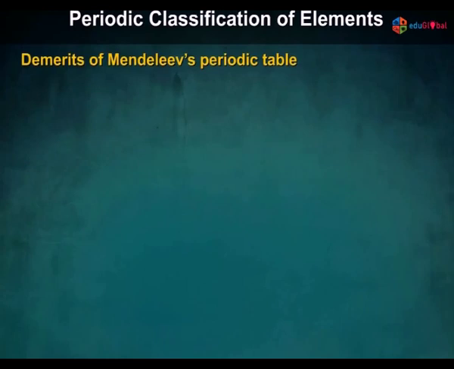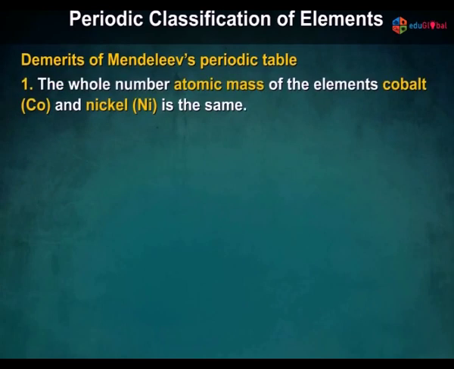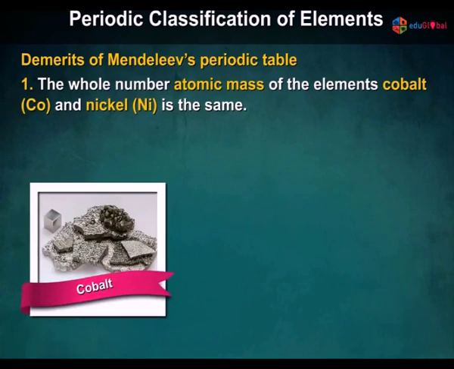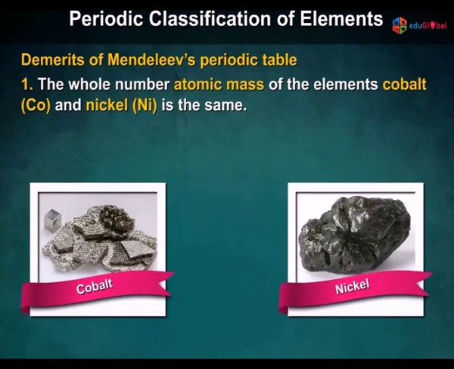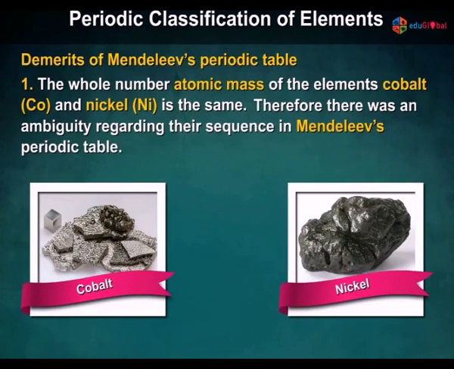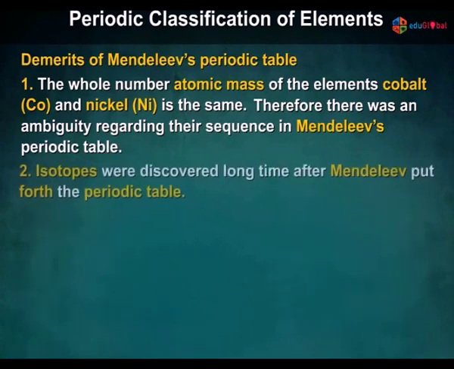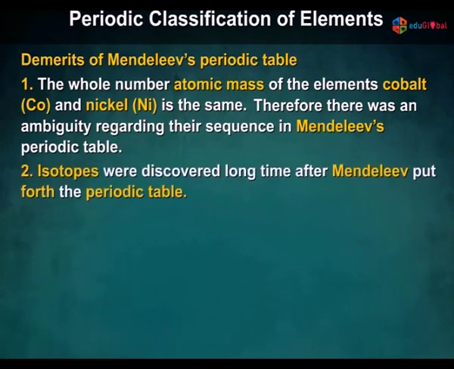Demerits of Mendeleev's periodic table. 1. The whole number atomic mass of the elements cobalt, Co, and nickel, Ni, is the same. Therefore, there was an ambiguity regarding their sequence in Mendeleev's periodic table. 2. Isotopes were discovered a long time after Mendeleev put forth the periodic table.